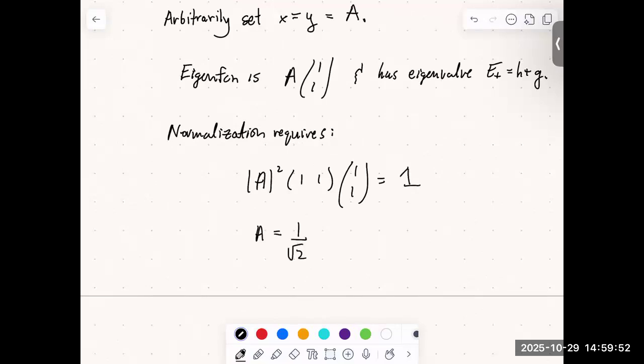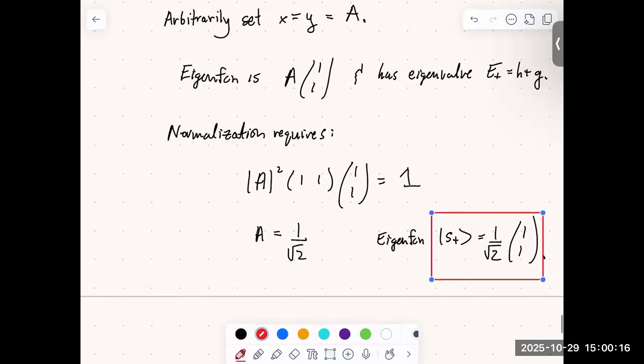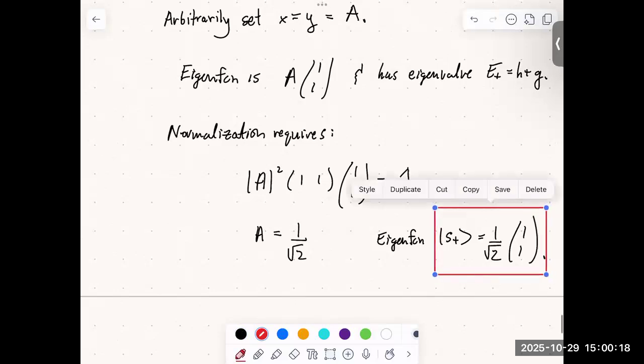And so our eigenfunction S plus is equal to 1 over root 2 times (1, 1). So that's our S plus eigenfunction with eigenvalue E plus.